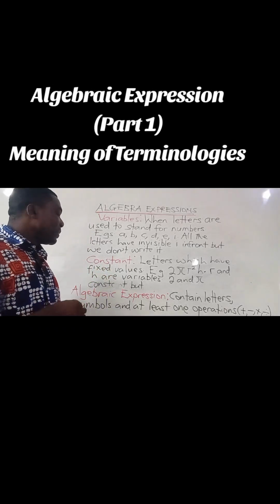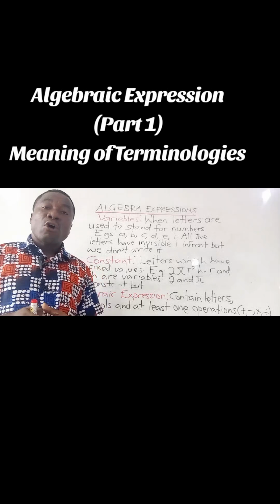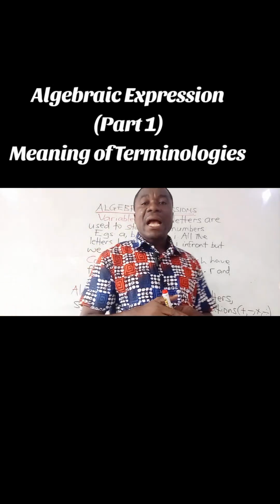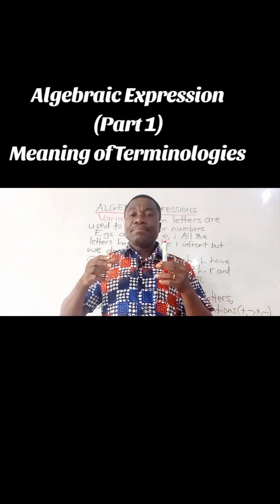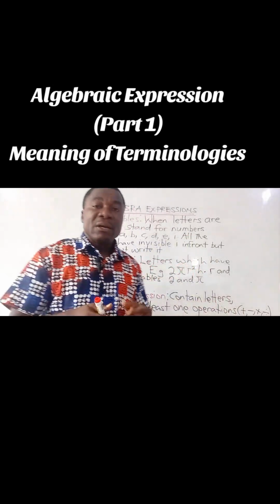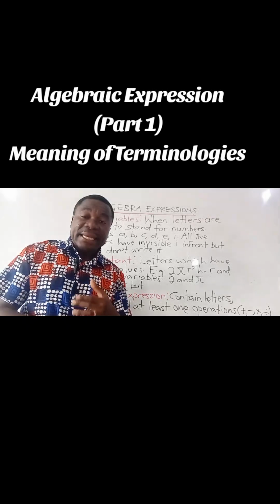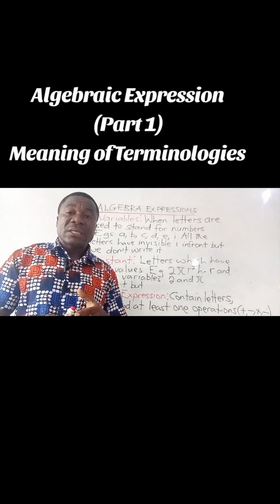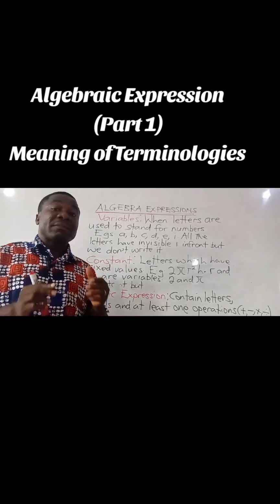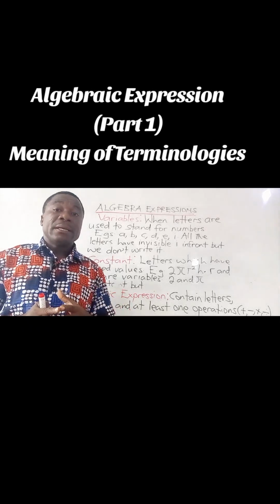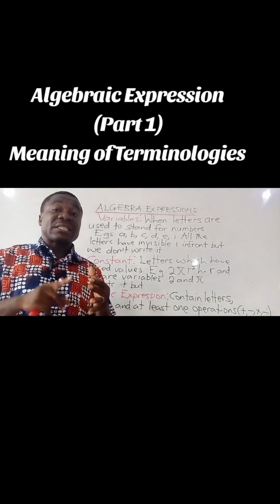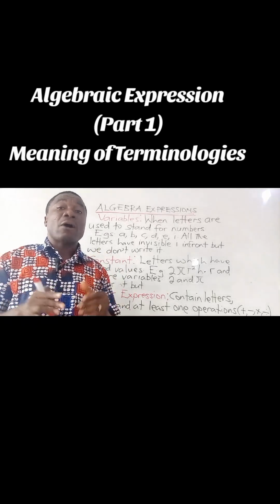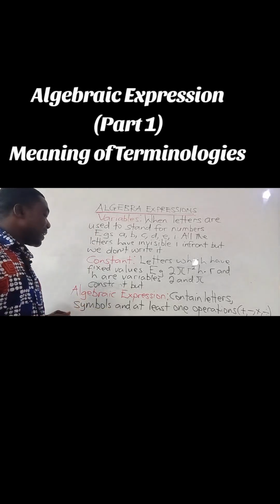Now, based on this, we can therefore define that algebraic expressions are expressions which have letters, which have symbols, and which have at least one of the mathematical operations. Now, let's look at examples.